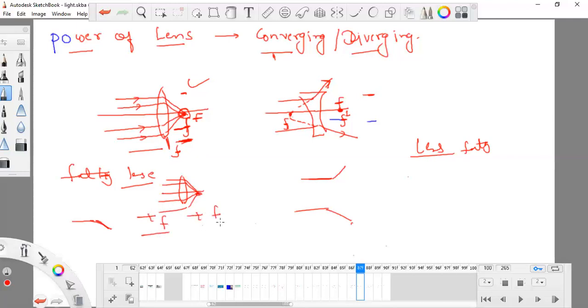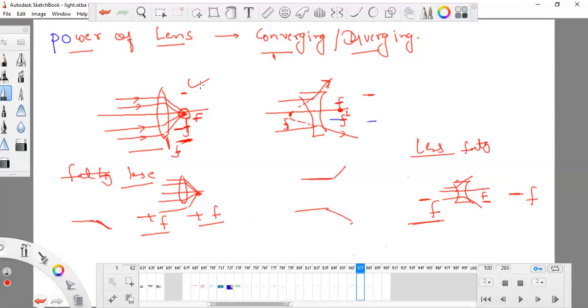But this one is not a very good person. It just wants to make the light rays go away from this principal focus, away, away, away. That's why it has a negative attitude, and that's why this less fatty person is negative.